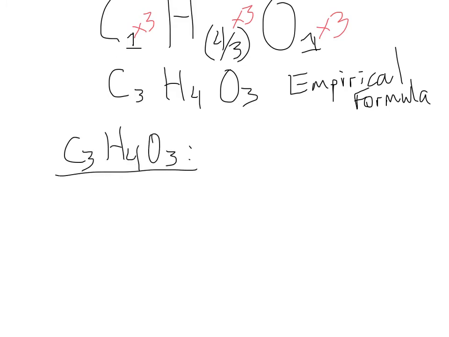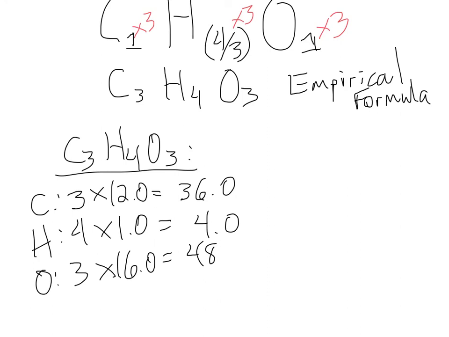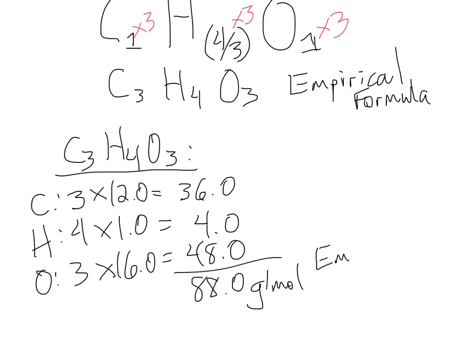So within C3H4O3, we've got 3 atoms of carbon, whose atomic weight is 12, 4 atoms of hydrogen, and 3 atoms of oxygen. When you add all that up, you get 88. That 88 is the empirical formula mass, not the molar mass, the empirical formula mass.